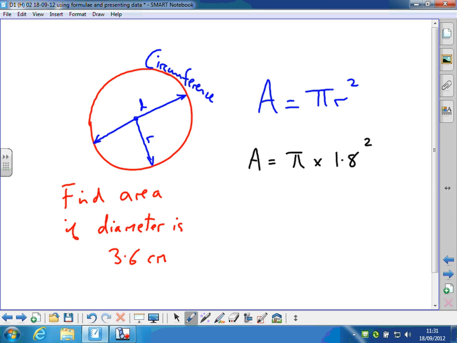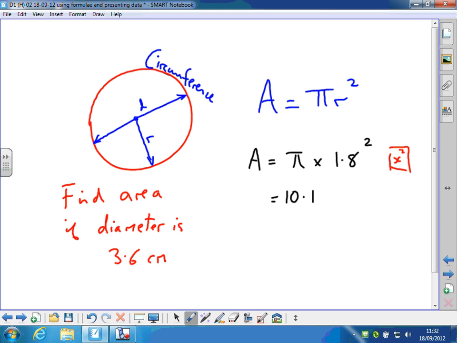And I hit the x squared button to get the squared, and so that's literally, on my calculator, or the one I recommend, exactly what you type in. Pi times 1.8, hit the squared button, which looks a bit like this, x squared, equals, and you get the answer.